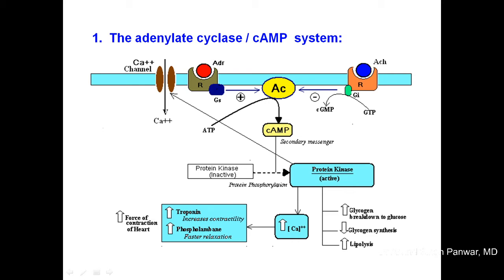So activated protein kinase is formed, which ultimately causes increased glycogen breakdown to glucose, inhibits glycogen synthesis and enhances lipolysis, and it also enhances intracellular calcium, so ultimately leads to enhancement in the troponin activity and phospholamban activity. The enhanced troponin leads to increased contractility of the heart muscle, and increase in the phospholamban leads to faster sequestration or relaxation, which overall causes increase in the force of contraction of the heart.